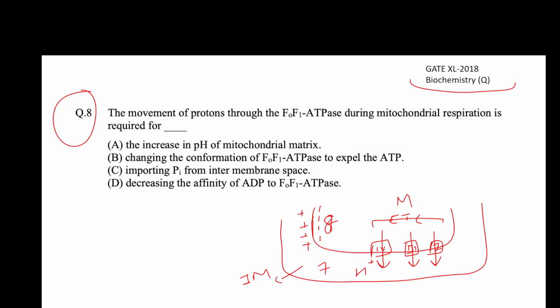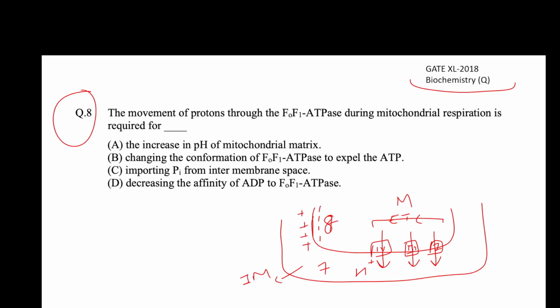After the pumping of protons, this action generates an electrochemical gradient for protons, with a lower pH value outside the inner mitochondrial membrane than inside.